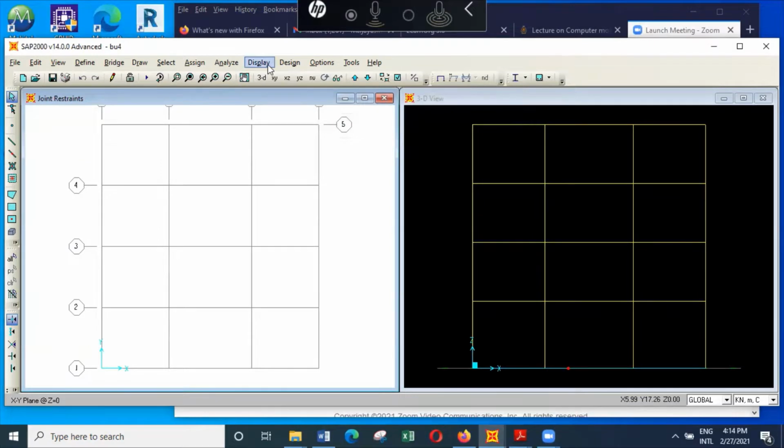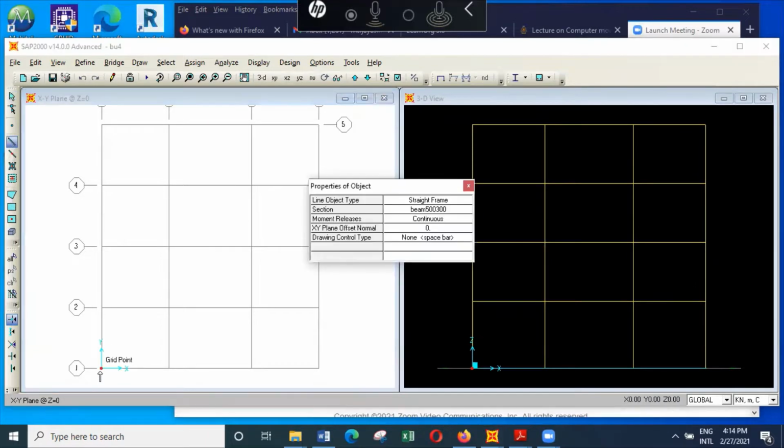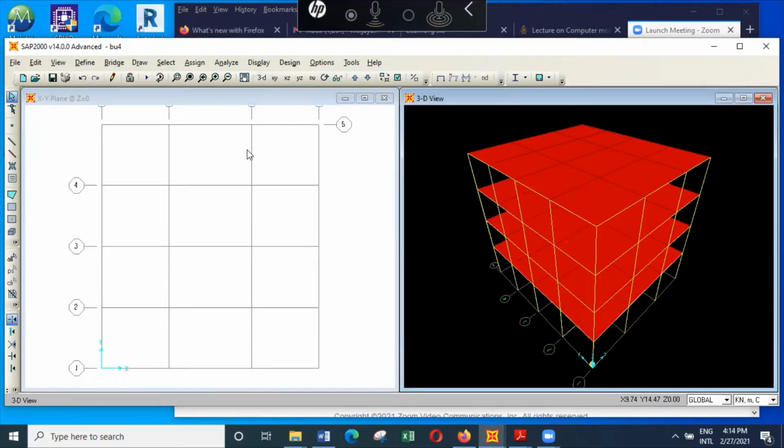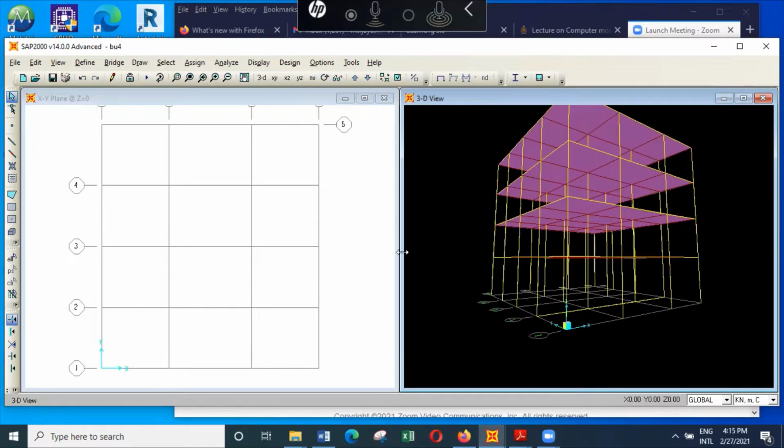Okay, and display undeformed shape. So here I can draw it. This is the ground level. So I'll draw this, and when I'm drawing, it's useful to have 3D view active so that I can see what's going on. So I can draw it here as well.